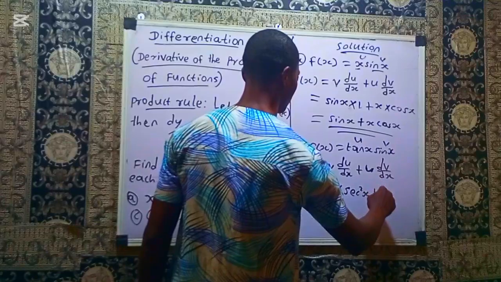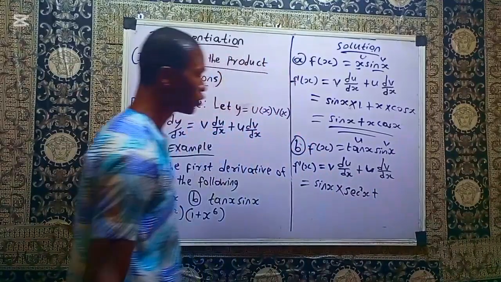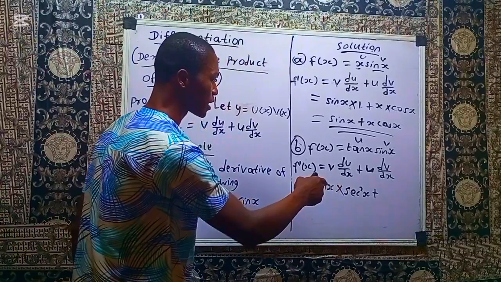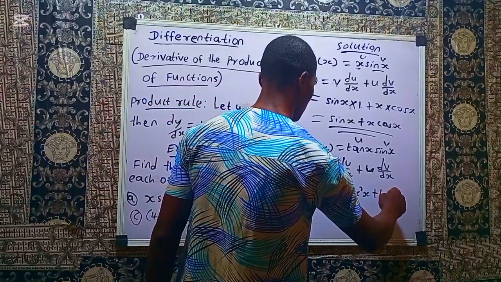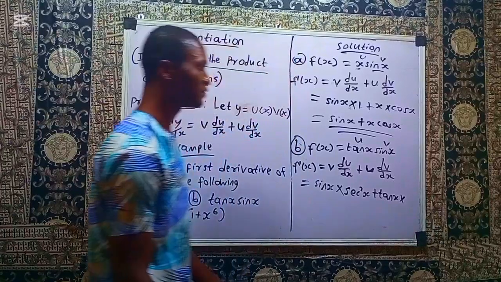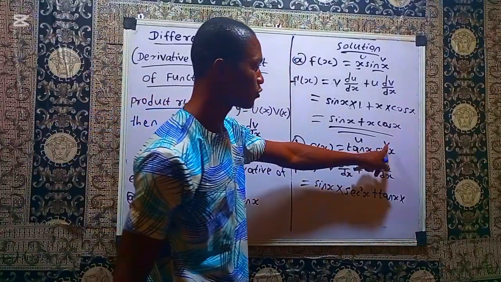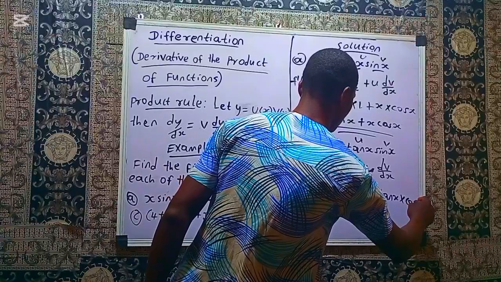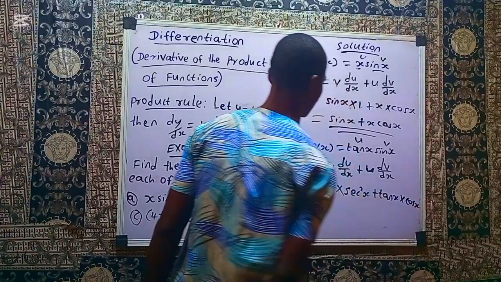Then after that I have the addition symbol plus, then the next you have u. You are keeping the first one, which is tan x, which is my u. Then multiply by the derivative of the second function, derivative of sine. If you differentiate sine, you get positive cosine x. That's what we'll have.